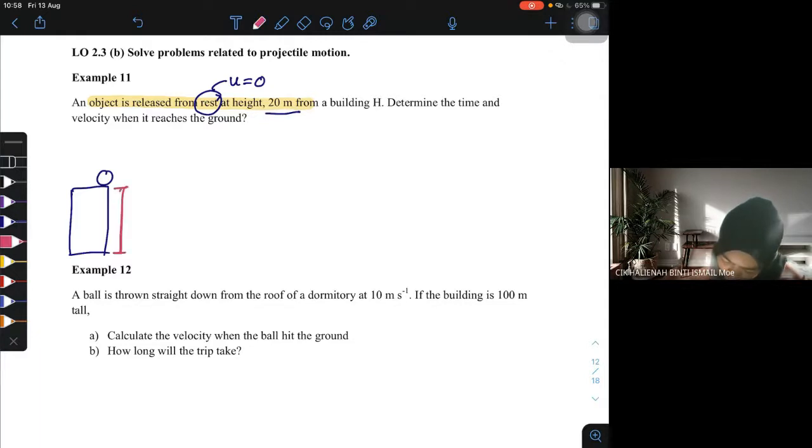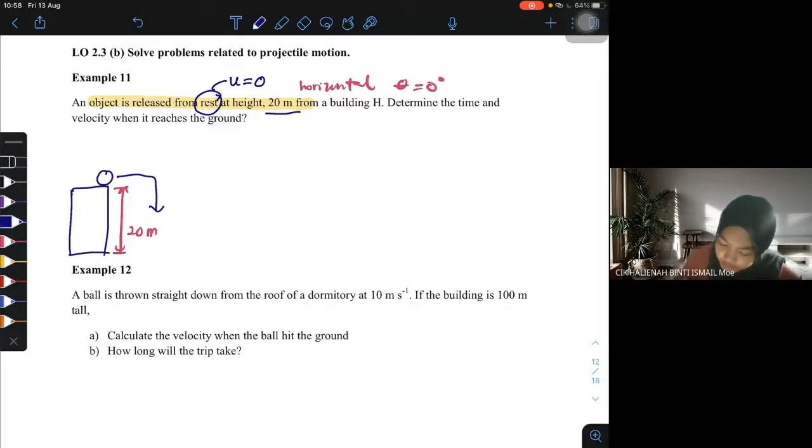The height of this building is 20 meter, and this object is released from the 20 meter building. So this is the picture. From here we can see it is actually horizontal, which means the angle is equal to 0 degree.